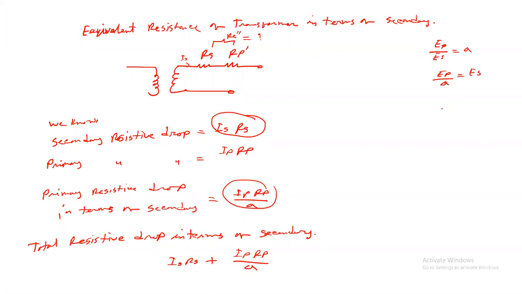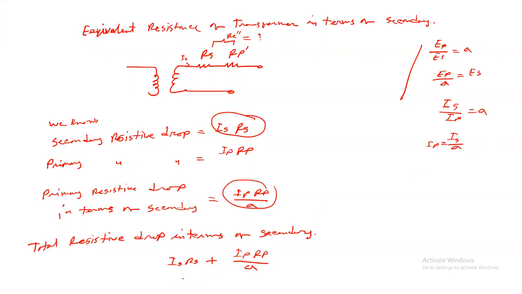You know that IS by IP is equal to A. So IP is equal to IS by A. Clear?